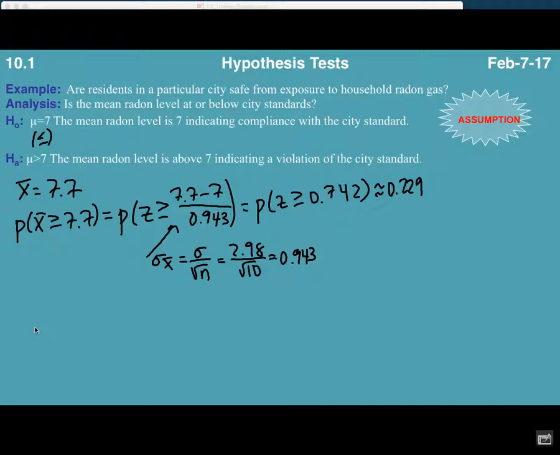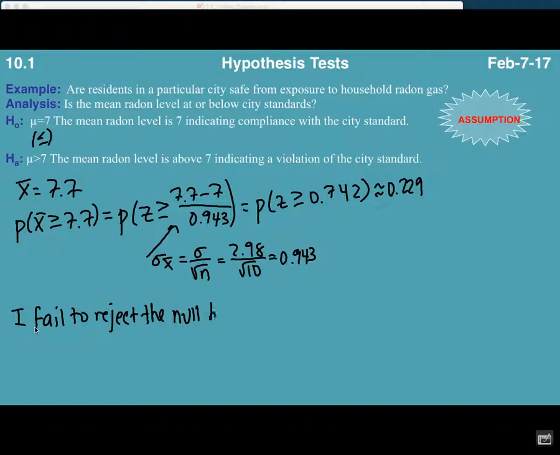If you do not have sufficient evidence for the alternative, what is your conclusion? Failed to reject. Okay, so we're going to write a conclusion. I fail to reject the null. Does that mean that I believe the null? No, it means there's not enough evidence for the alternative.